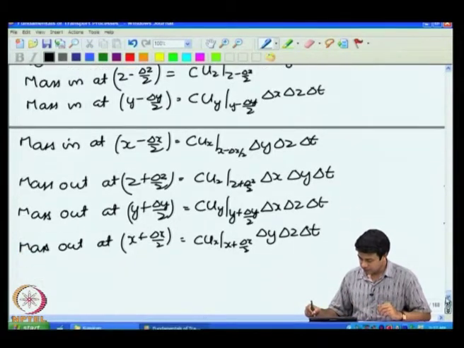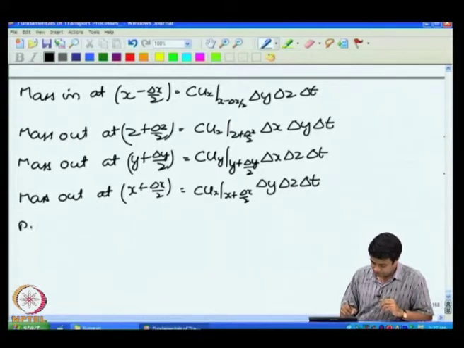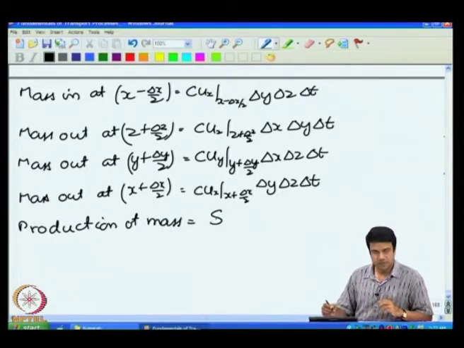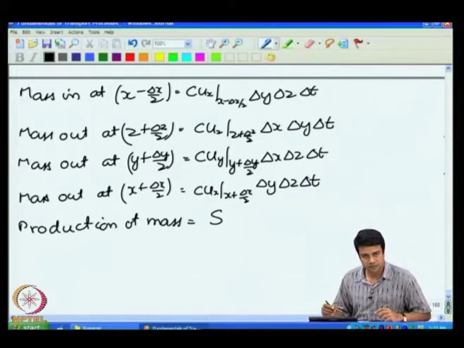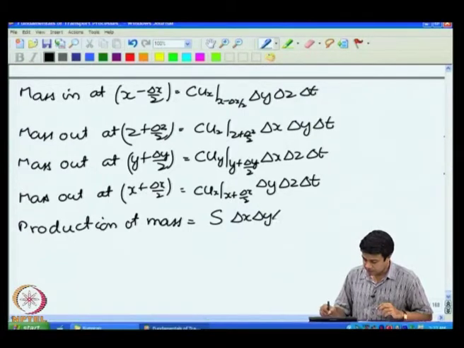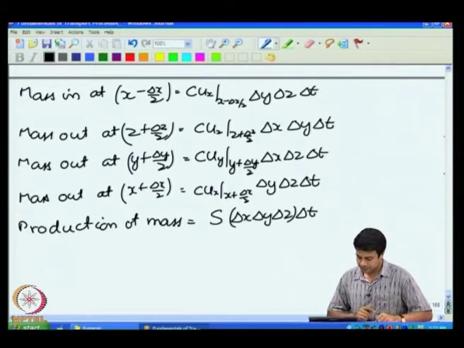In addition, there could be a source, a production of mass. This is going to be of the form some production, this is per unit volume per unit time, times the volume delta x, delta y, delta z into the time delta t, because the time delta t is the time period over which that production has taken place.